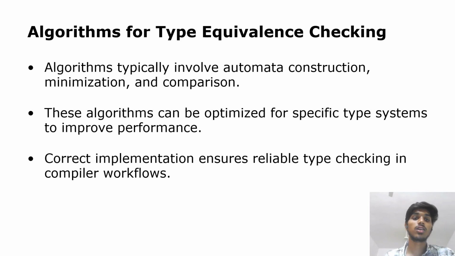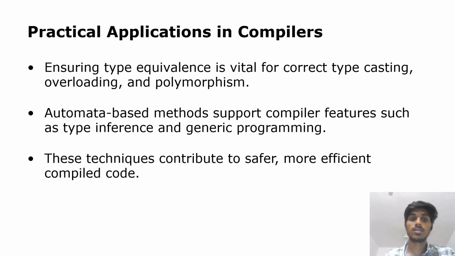Algorithm for type equivalence checks: algorithms typically involve automata construction, minimization, and comparison. These algorithms can be optimized for specific type systems to improve performance. Correct implementation ensures reliable type checking in compiler workflows.